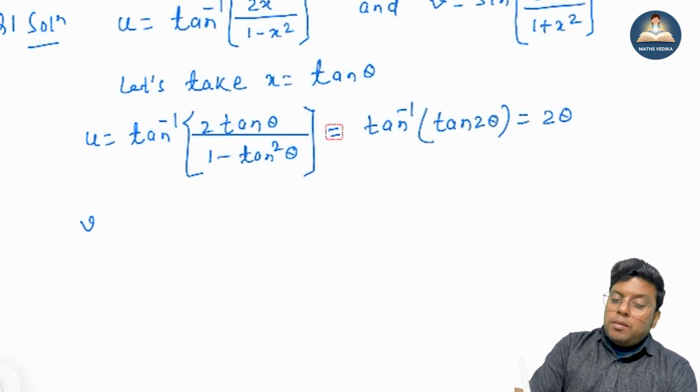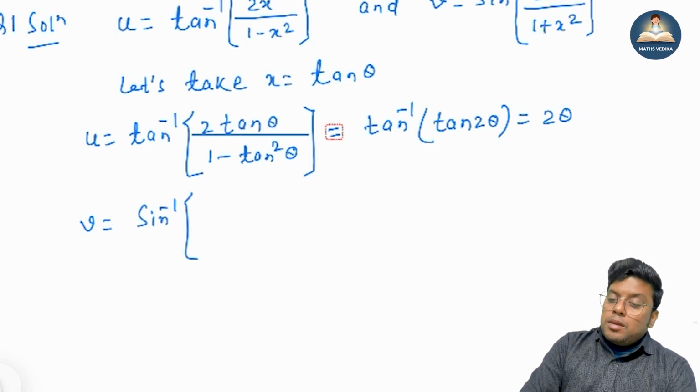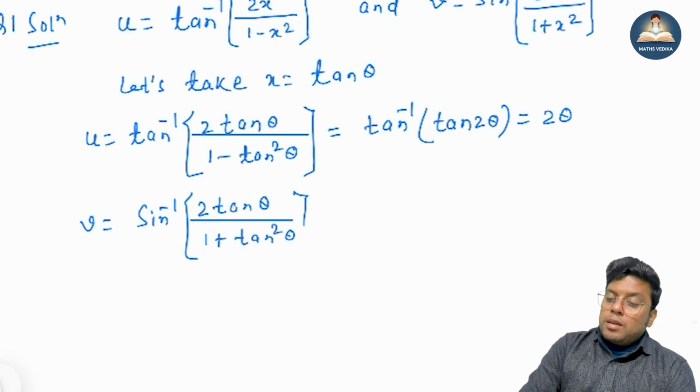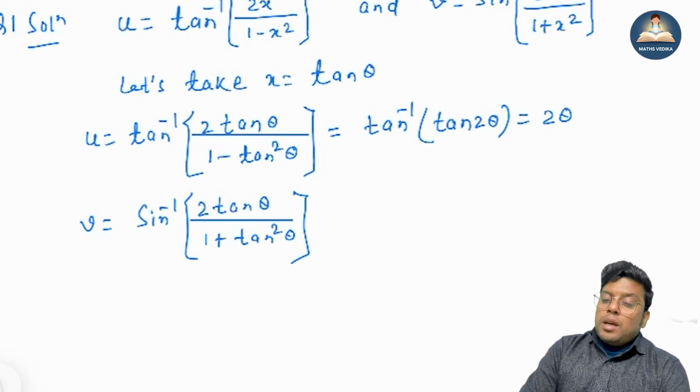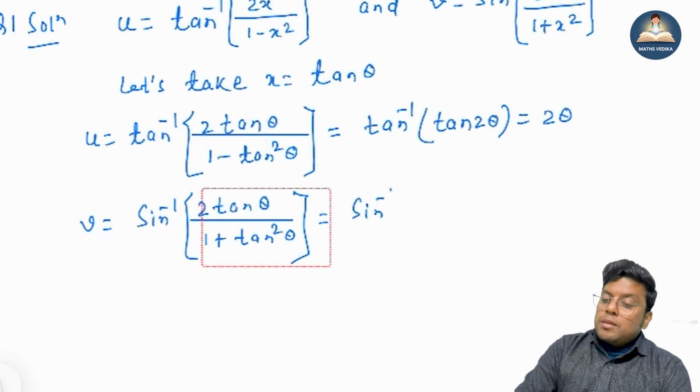Similarly, v is equal to sine inverse 2 tan theta divided by 1 plus tan square theta. So here 2 tan theta by 1 plus tan square theta will be equal to sine 2 theta. So sine inverse sine 2 theta will be equal to 2 theta.